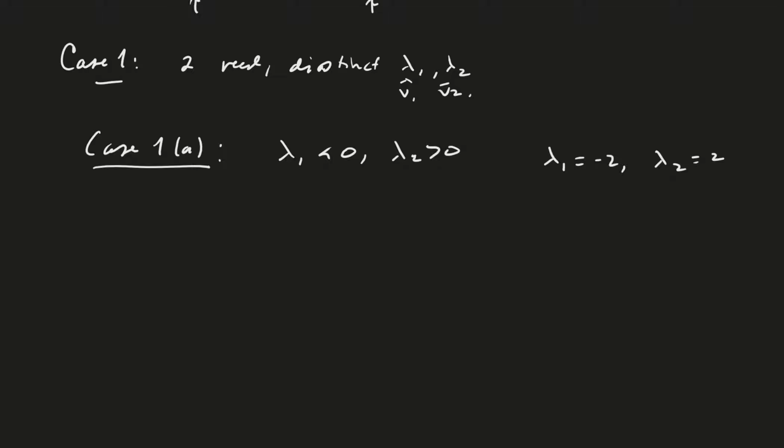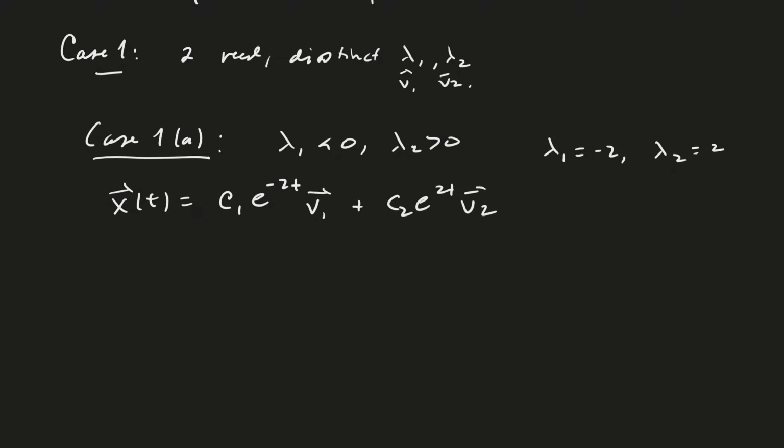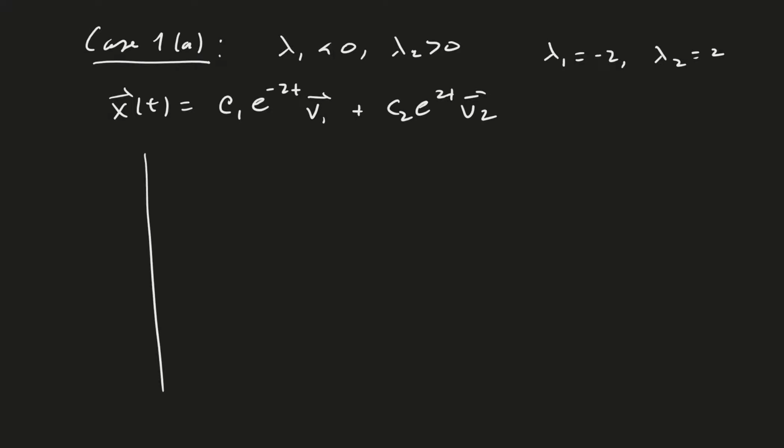Okay, and then so now we're taking a look at solutions of the form c1 e to the minus 2t v1 plus c2 e to the positive 2t v2, just so it makes more sense to see what's going on. And now let's go ahead and plot our v1 and v2. So v1 is up here somewhere and v2 is down here somewhere.